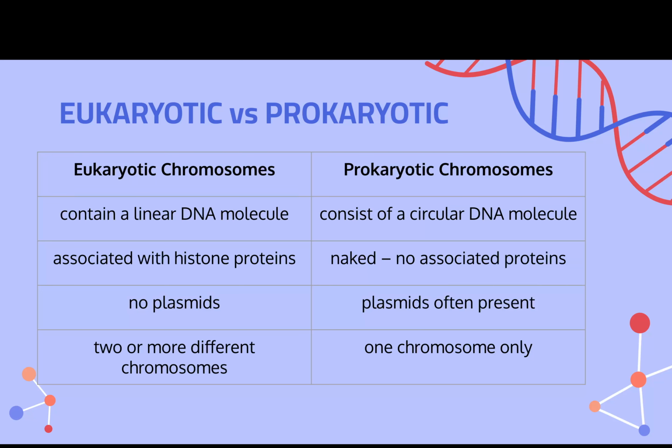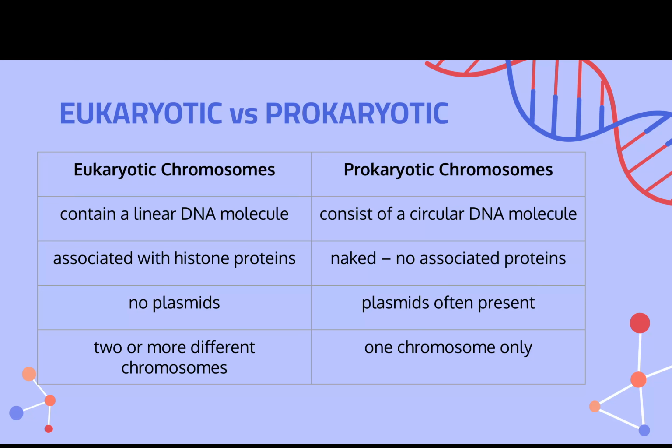The first difference is eukaryotic chromosomes have linear DNA molecules. Prokaryotic chromosomes have circular DNA molecules, which means that they don't have a particular place of start and end. It basically keeps going in a circle.